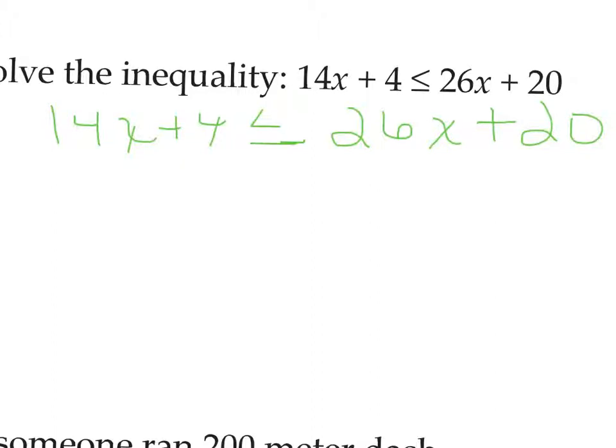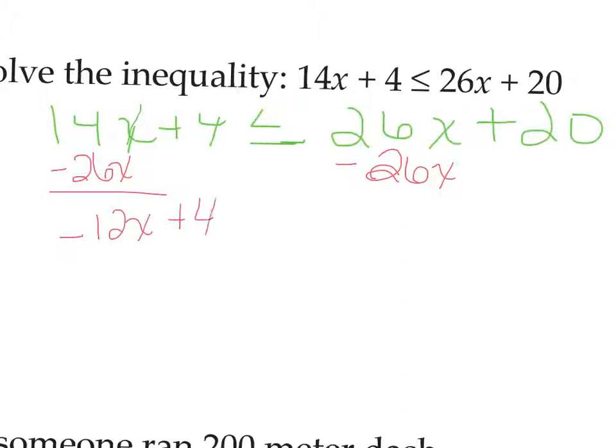Traditionally, we put all the x's on the left, so we're going to need to subtract this 26x. When we do that, that's going to give us negative 12x plus 4 less than or equal to, those will cancel, 20.